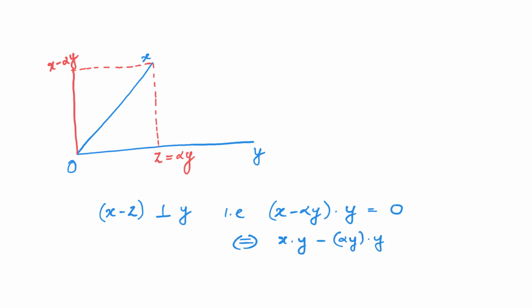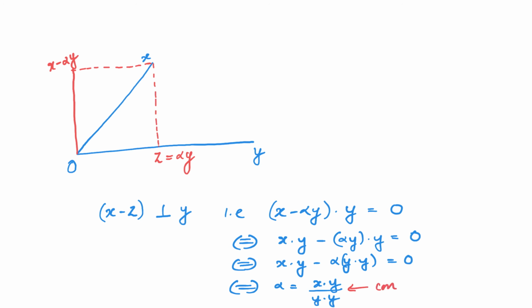But we saw before that alpha y dot y is same as alpha times y dot y. So we can rewrite this as follows. Simplifying, we will get that alpha is equal to x dot y by y dot y. Thus, the component of x along y is the number x dot y by y dot y.